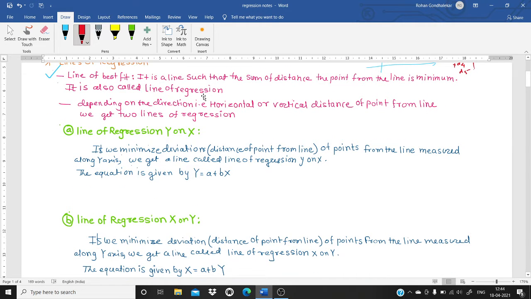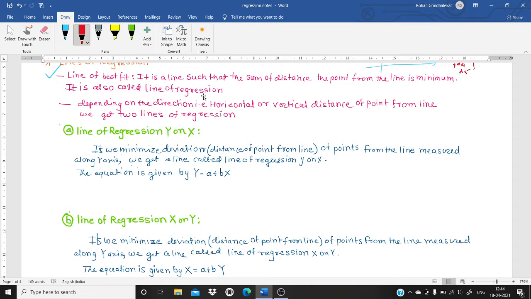As I am getting two lines of regression, are you going to say every time the line of regression depending on the direction, horizontal or vertical? No, it becomes quite difficult for understanding as well as for writing. So instead, the terminology we are going to use is line of regression y on x and line of regression x on y.